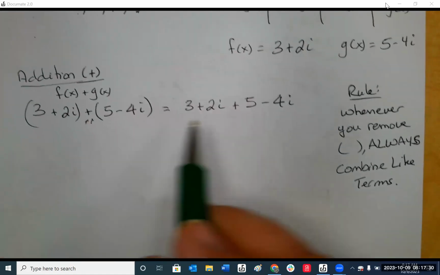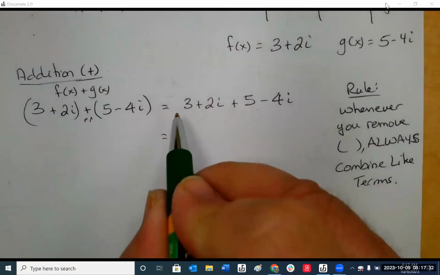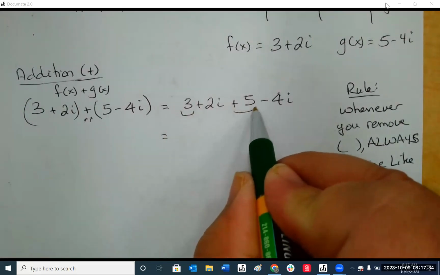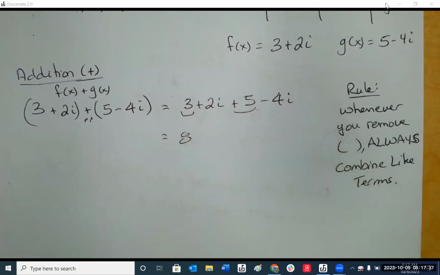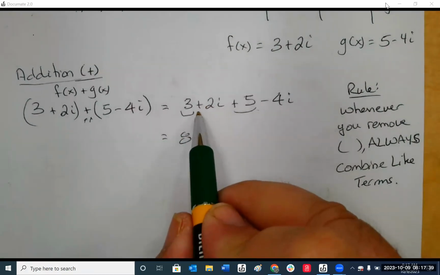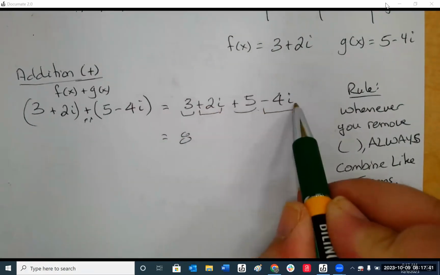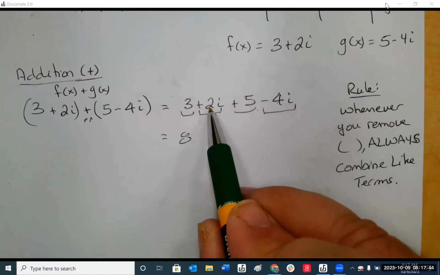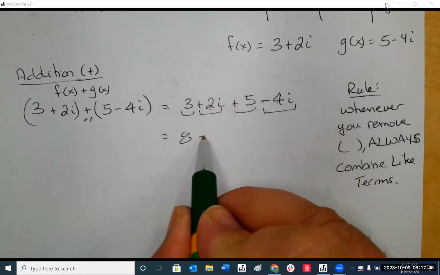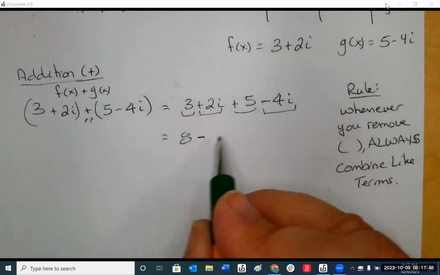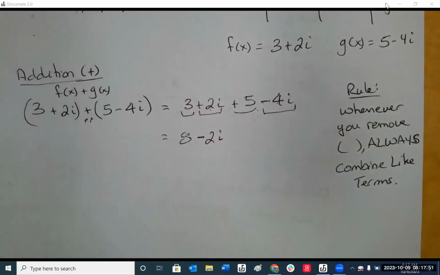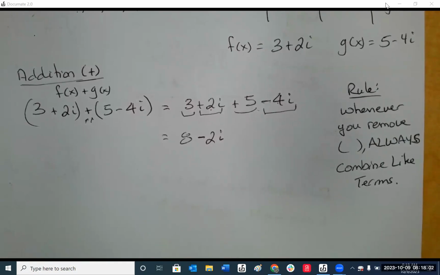So we got rid of parentheses. So let's look at like terms. Here's a real number. 3 plus 5 is 8. Then we have a positive 2i and a negative 4i. 4 is bigger than 2 and it's negative, so it's going to be negative. 4 minus 2 is 2i. So there's your answer. It's really no difference than if it was an x. It's really not that much difference.